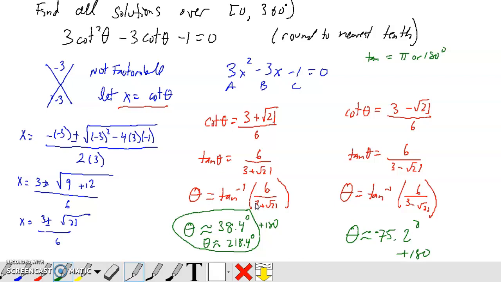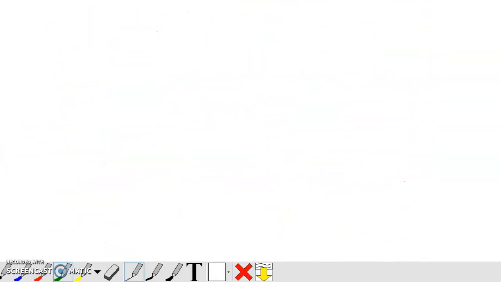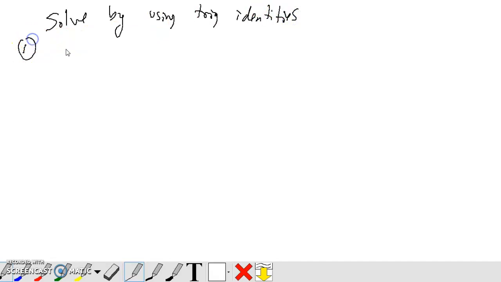Okay, we have one more type for solving, and these are solving by using the trig identities. So last one, solve by using trig identities. Again, here are some steps.